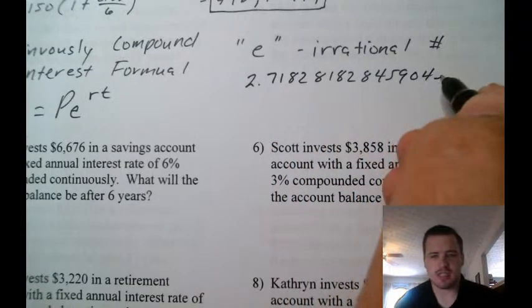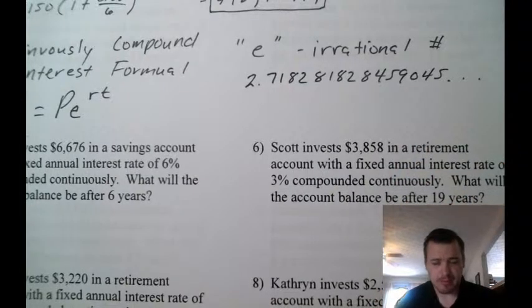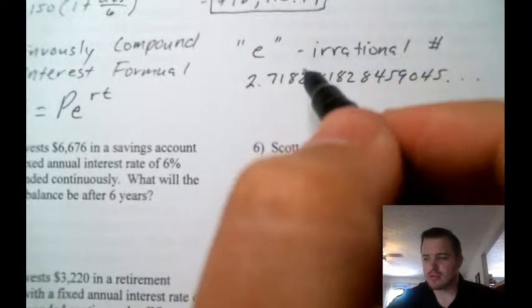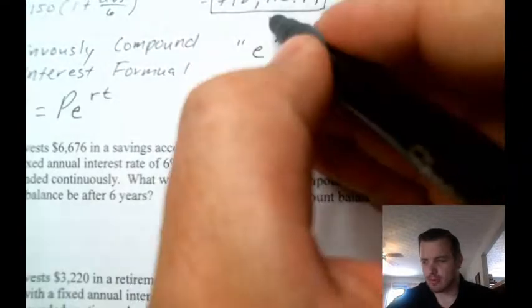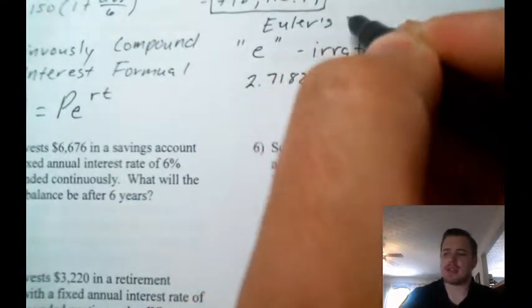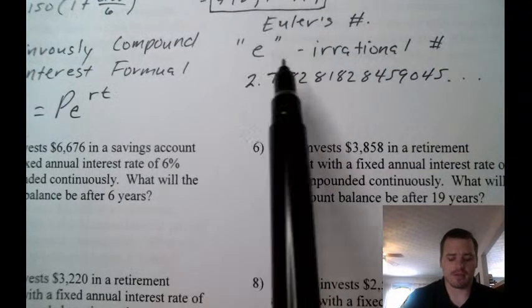So it's just like pi. It goes on forever. Most of the time we just call it E, but it's also what we would call Euler's number. He was the one that really found out about all this information.